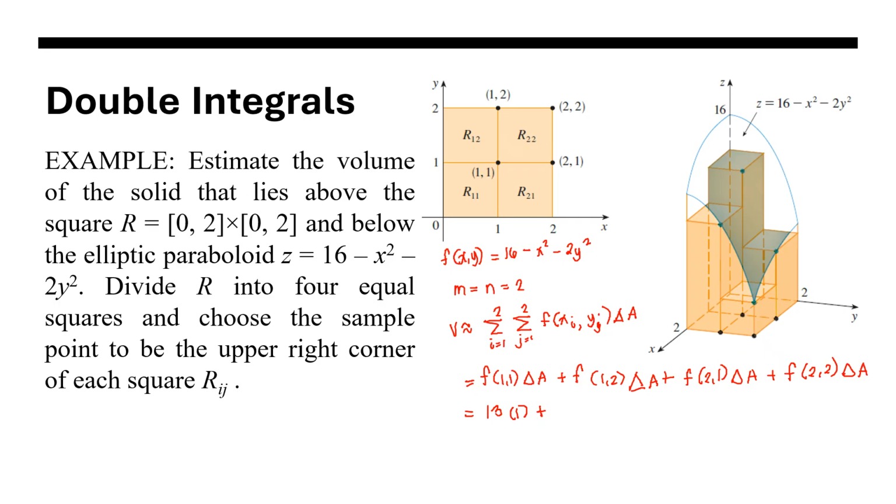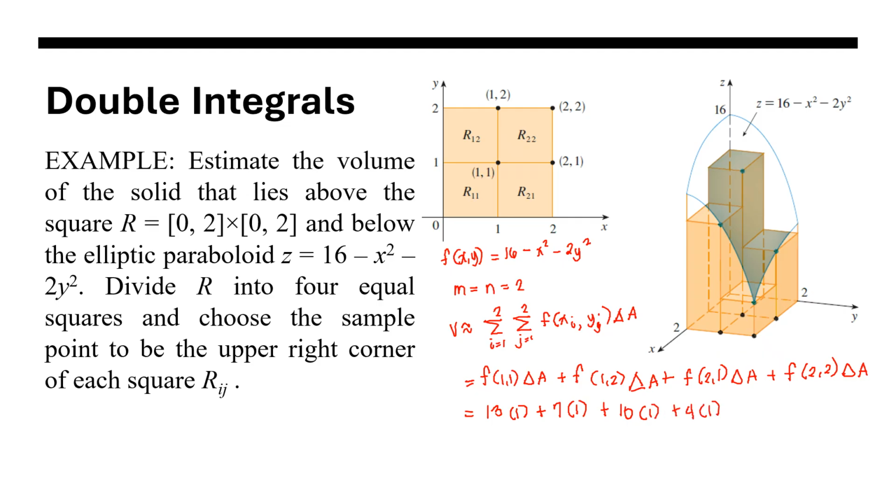With the same concept, we substitute 1, 2 to the function. So you have 16 minus 1 minus 2 times 4, that's equal to 7, times 1, plus the same concept, 10 times 1 plus 4 times 1.